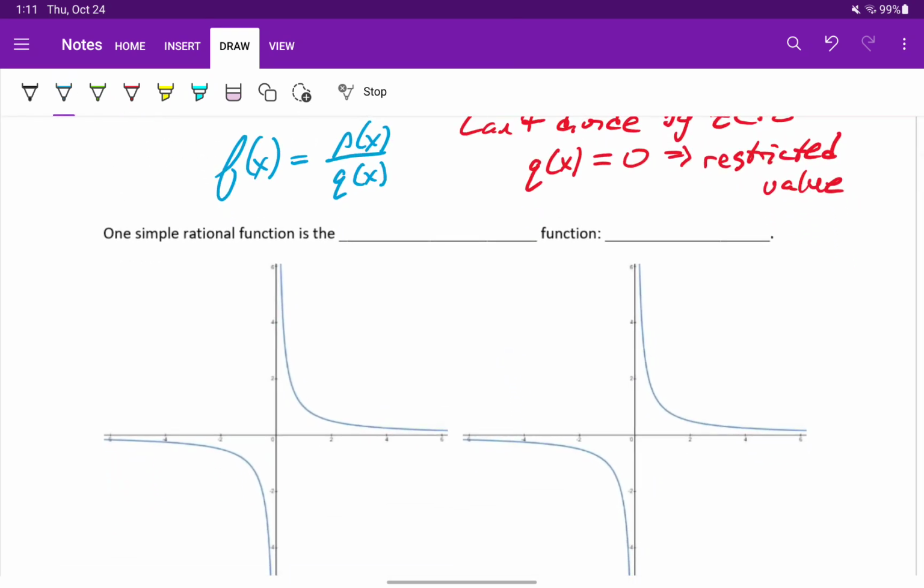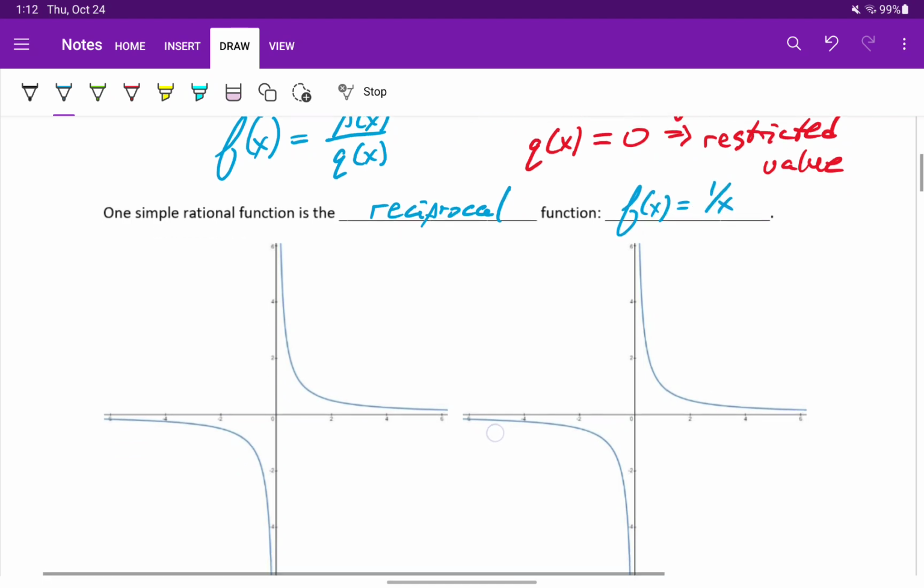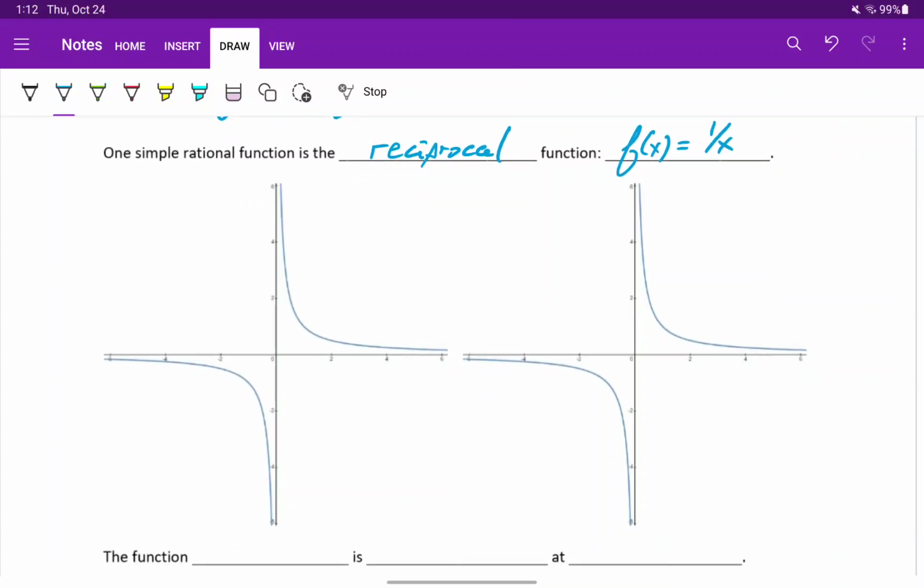One of the simplest rational functions that we can look at is called the reciprocal function. f of x equals 1 over x. The graph on the left is a graph of this function, f of x.